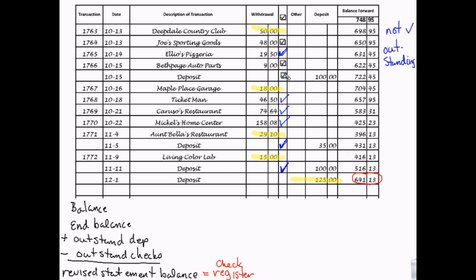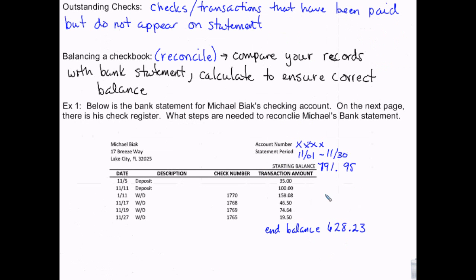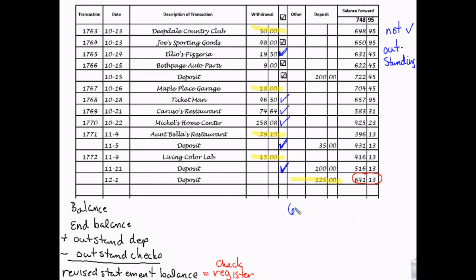So our ending balance from our statement is 628.23. Okay, that's our ending balance. And now I need to add my outstanding deposit. My only deposit that's outstanding is right here, this 125. And then I need to subtract my outstanding checks.